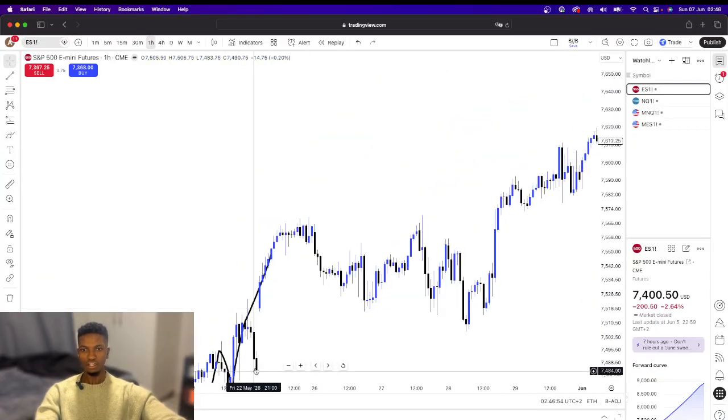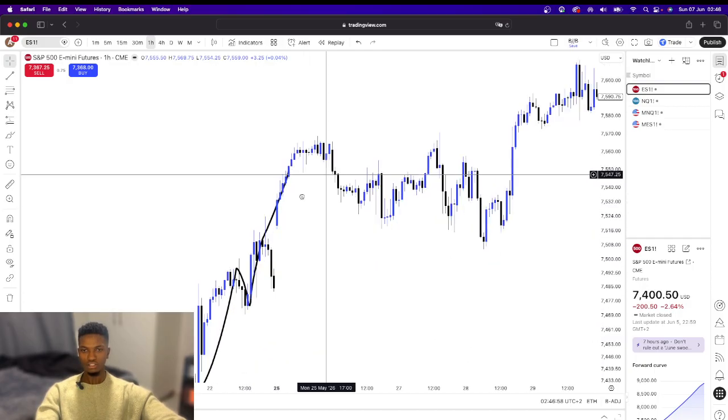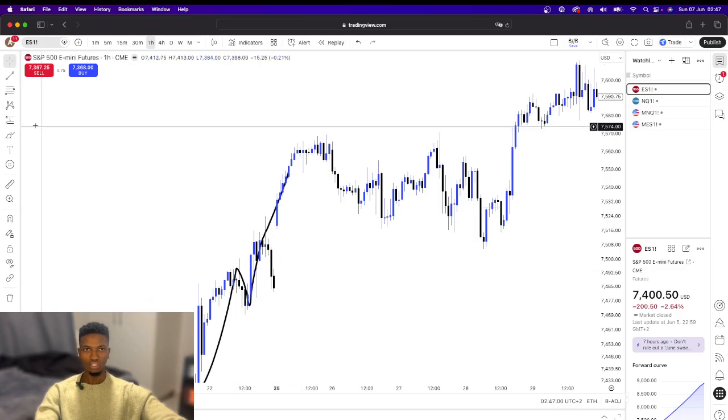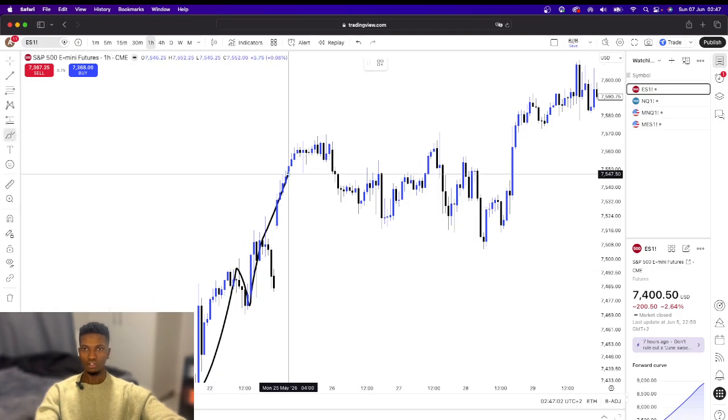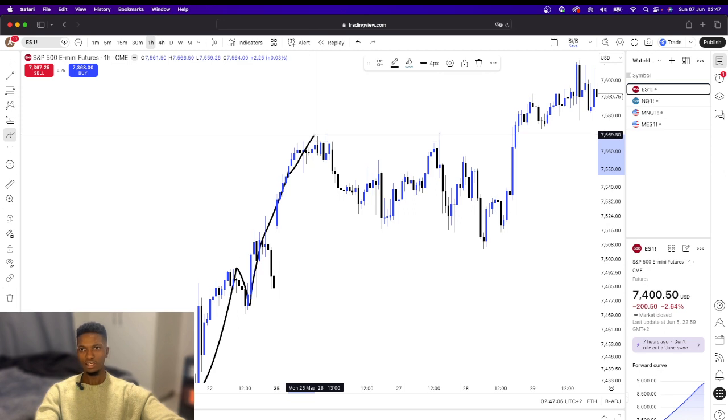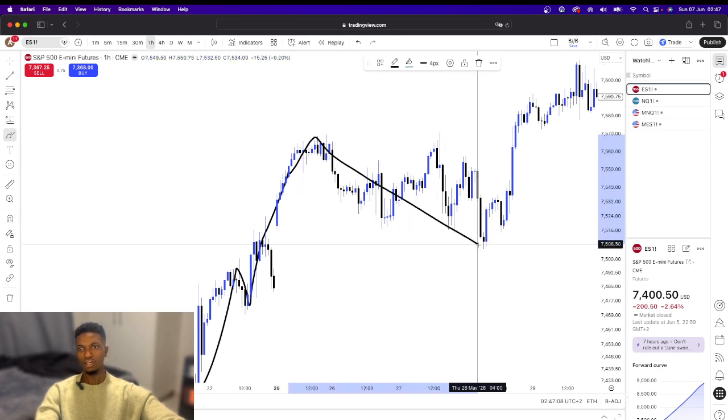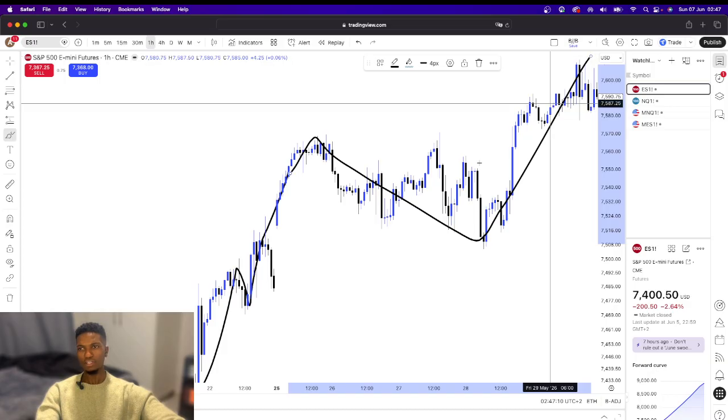They will ignore this structure in between. They will simply focus on the overall look of the structure, right? A high up there, then a higher low, high up there, right?